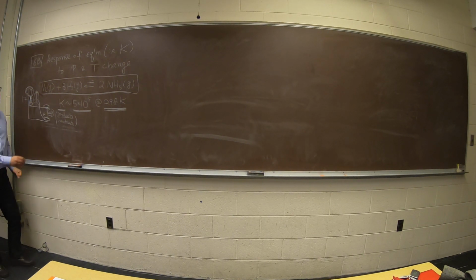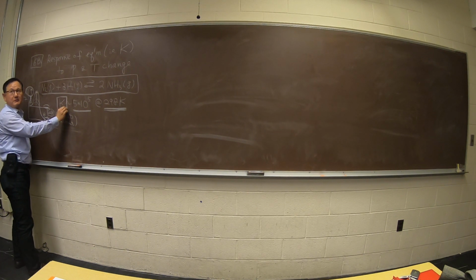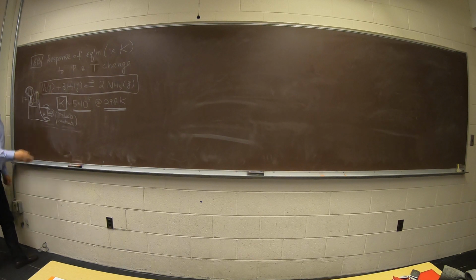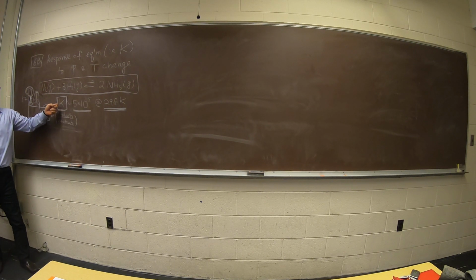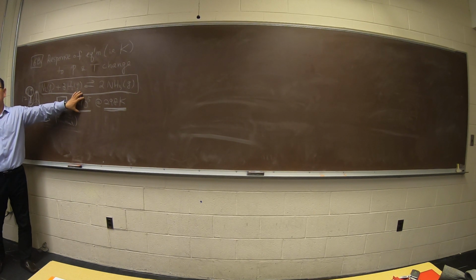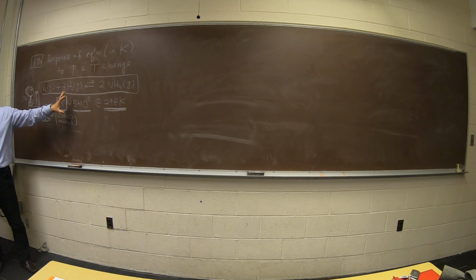But by doing so, you are changing this K value. K is temperature dependent, and I will show you the actual equation. This is an exothermic reaction, and therefore your K value is going to go from a million to 1 down to 1 to 1,000. 1 to 1,000 is not so bad.